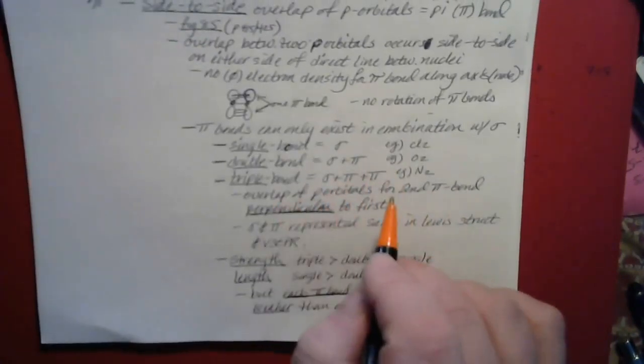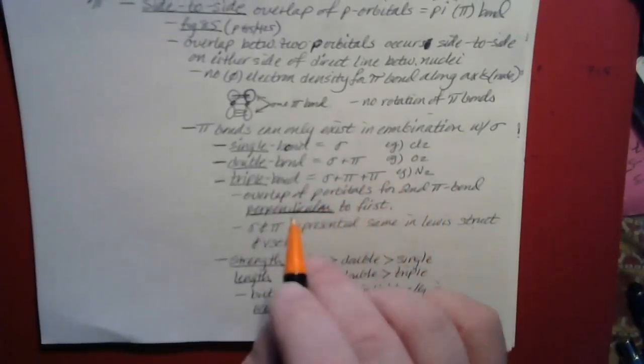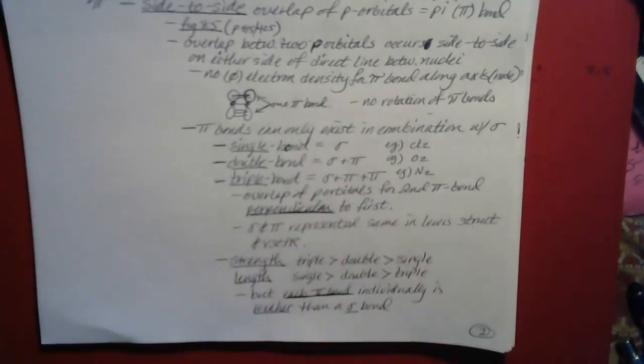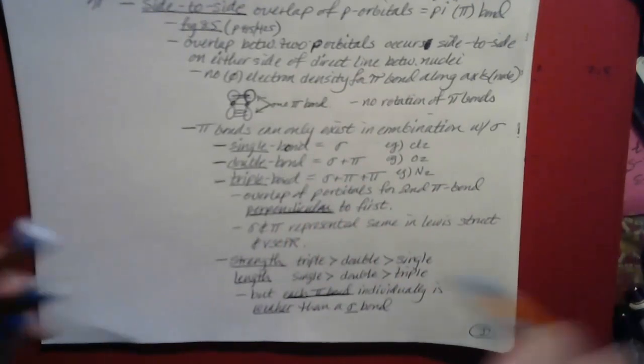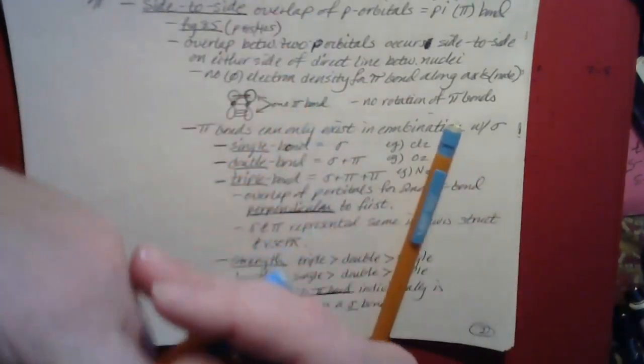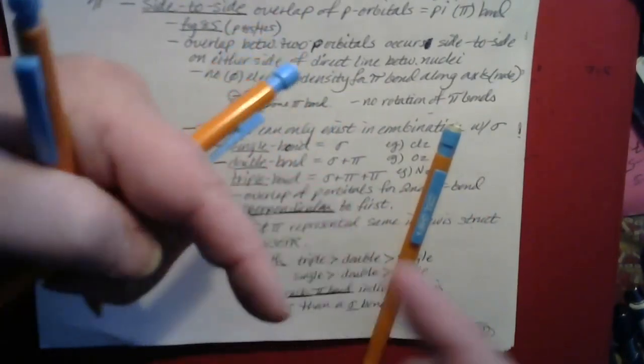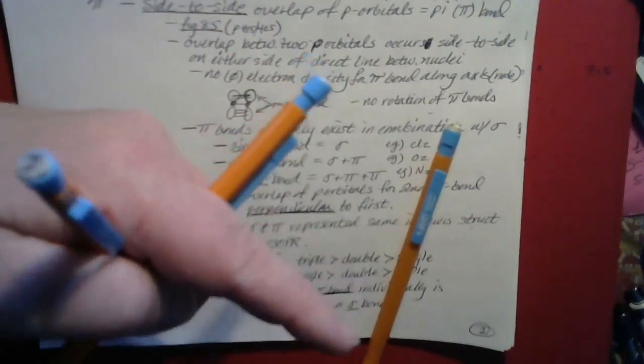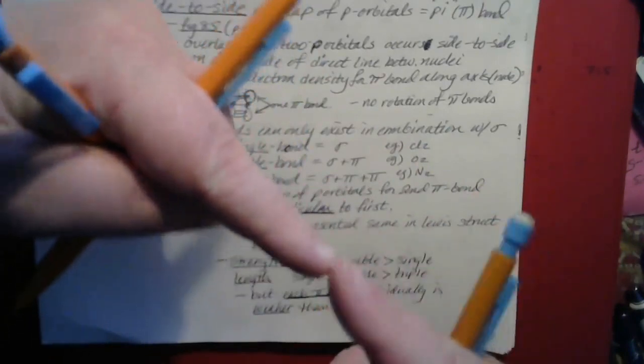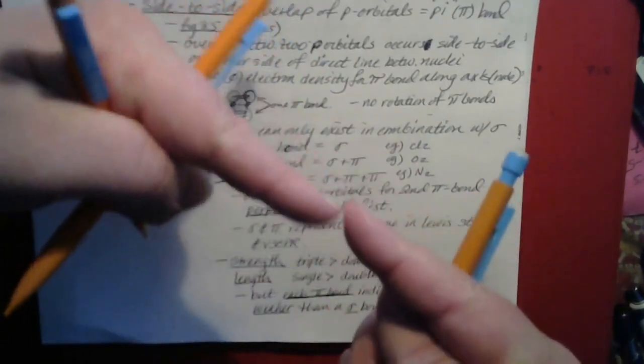That's because the overlap of the p orbitals for the second pi bond is perpendicular to the first. You've got an atom here with a p orbital, another p orbital, and a third p orbital, and it's going to form a sigma bond with another p orbital.